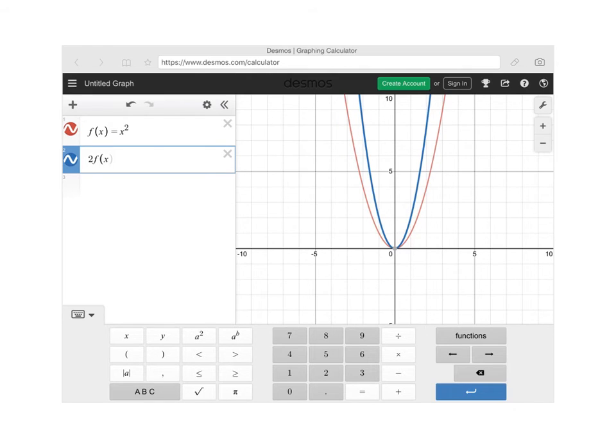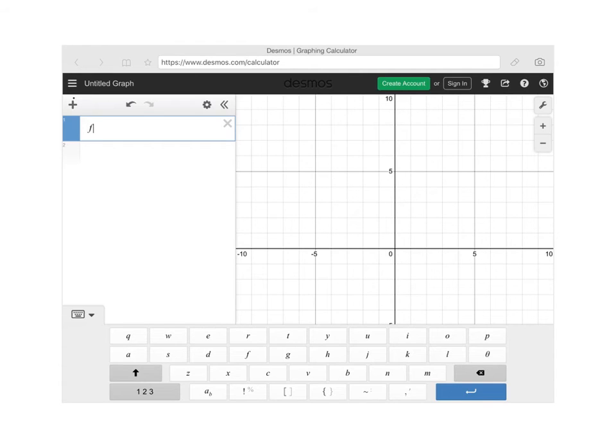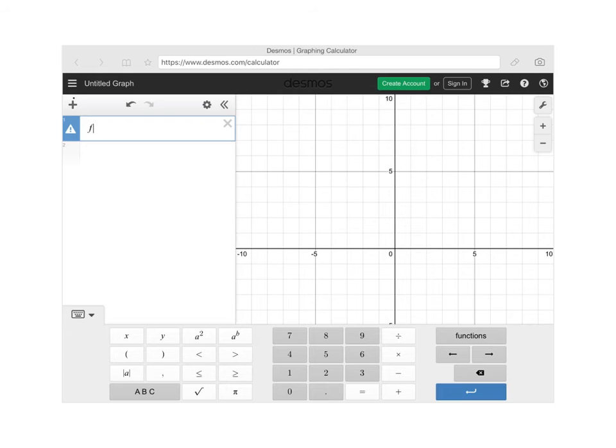Okay, and then the next slide asks us to do another one. So let's start again with f of x equals x squared.